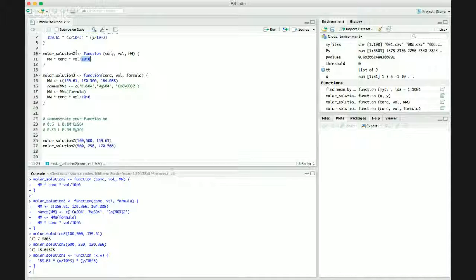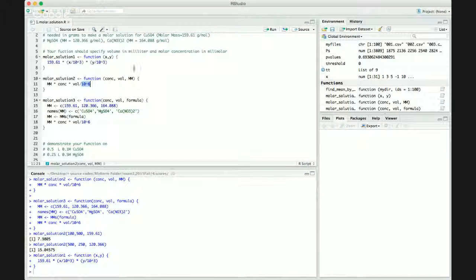The only thing I have to input is the concentration I want, the volume I want, and the molecular mass of the compound I'm using. This is a more useful function because I can make different solutions, whereas the first one would only be calculating for 1 mole solutions.